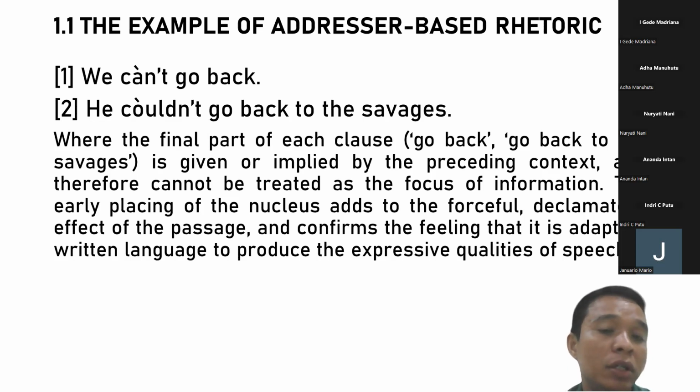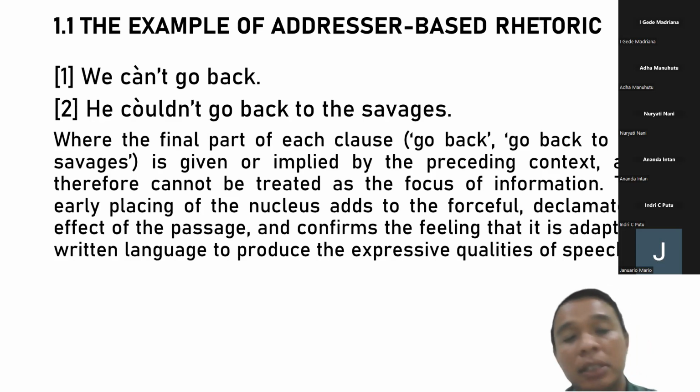By using the pages, you also produce the expressive quality of speech, then go back without using the pages itself. Okay, this is the example of addresser-based rhetoric, by giving the different focus of the information.